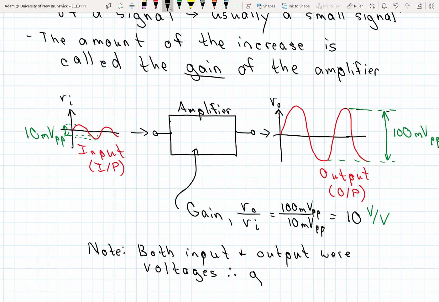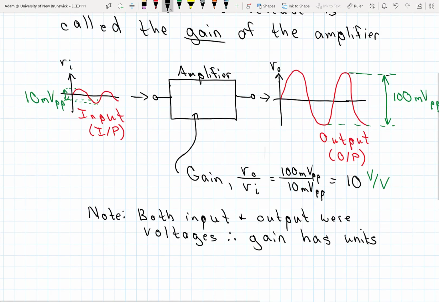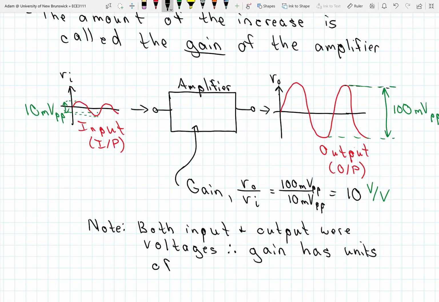Therefore, gain has units of volts per volt, right, as we labeled here.